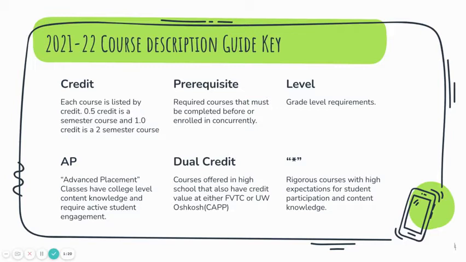Other classes have dual credit. These classes of dual credit are offered in high school, but also have a credit value at either Fox Valley Technical College or UW Oshkosh. And then there are some courses that have stars. This lets you know that the course is rigorous and it has high expectations for student participation and content knowledge.